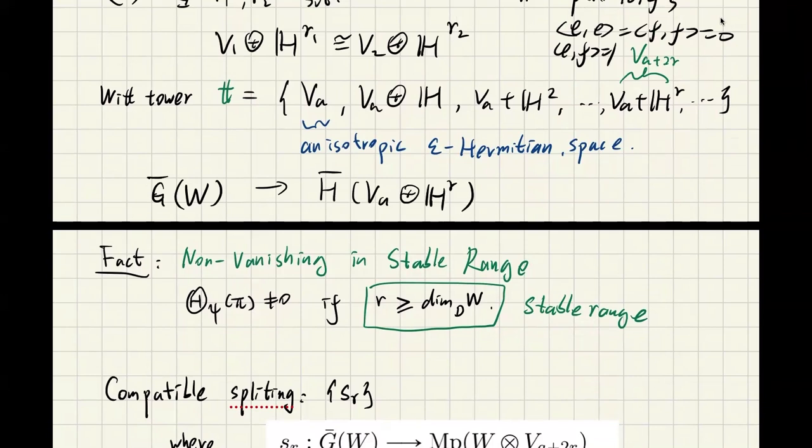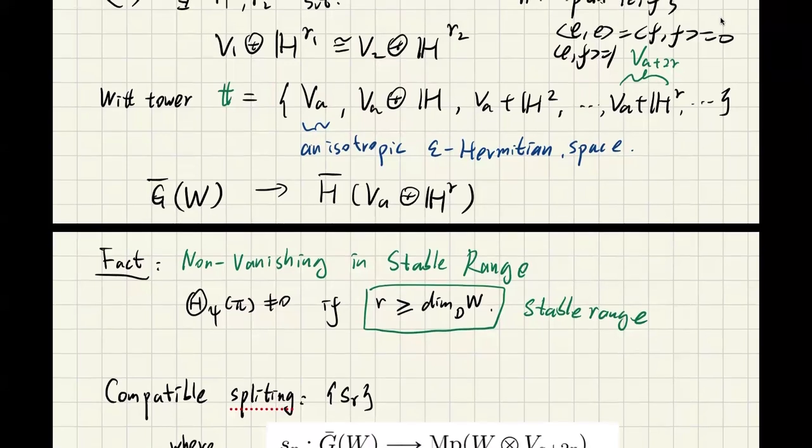So you consider this dual pair, and you lift the representation to a representation of H-bar. The answer is that when R is greater than or equal to the dimension of W, this is called a stable range, then the big theta lift is non-zero.